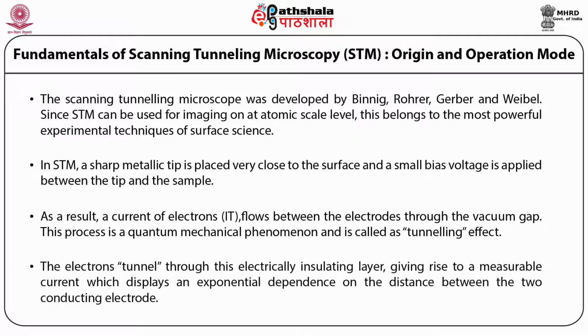The electrons tunnel through this electrically insulating layer, giving rise to a measurable current which displays an exponential dependence on the distance between the two conducting electrodes. As I said, with the help of this phenomenon, very small particles at the atomic level can be assessed by this technique.